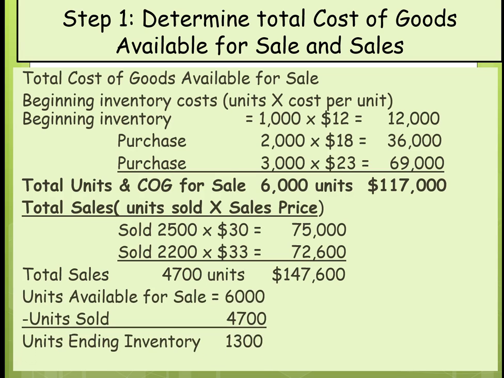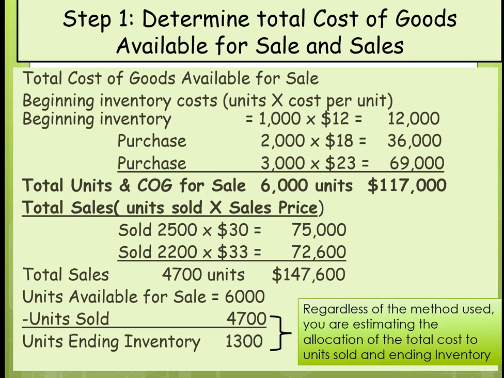Now, the next thing you want to know is total units available for sale less units sold, to get the ending inventory, because what you're really trying to do is allocate the $117,000 against the units sold and the units in ending inventory. It doesn't matter what method you use, whatever amount you allocate to cost of goods sold and ending inventory must total the total cost of goods available for sale, and that should be your check figure.